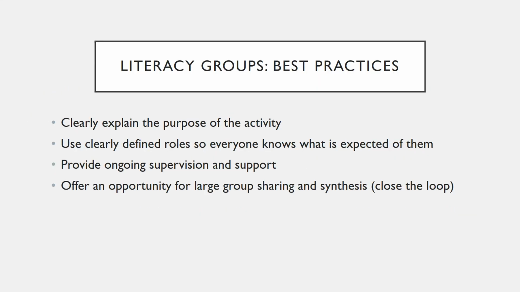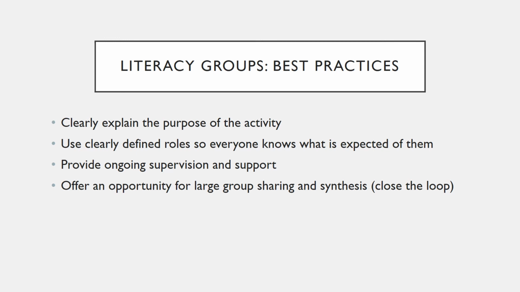So if you're interested in using literacy groups in your class, here are some things to keep in mind. First of all, clearly explain the purpose of the activity. For the activity that I just showed, I really want students to look at how South Carolina is outlining their argument for secession.